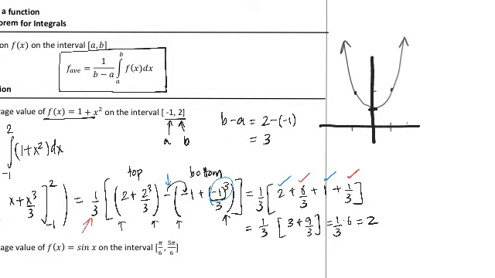So if you go from negative 1 to 2 on this parabola, we've got all these different y values. The average of those is equal to 2. The highest one is right here at 4, and the lowest one is right here at 0, but the average y value is right there at 2. F average is equal to 2.